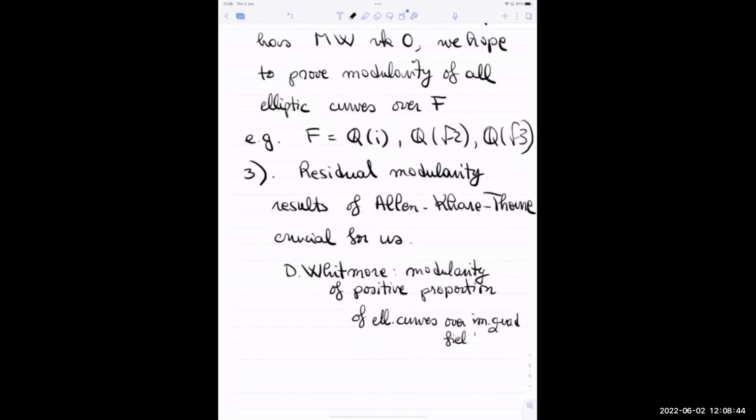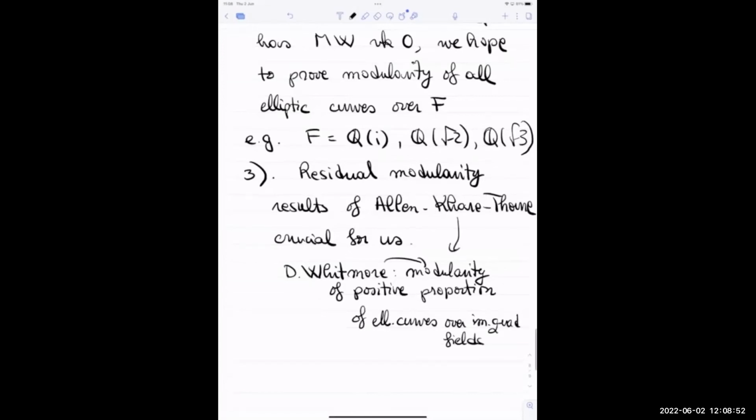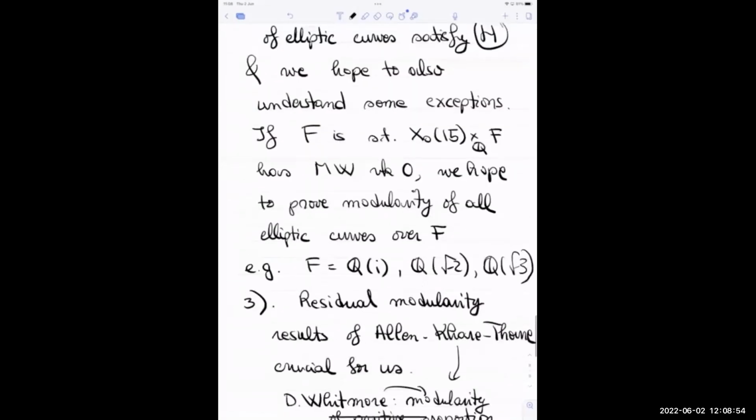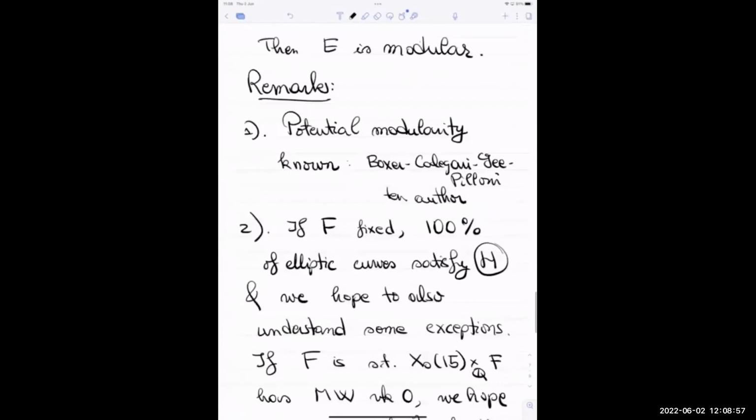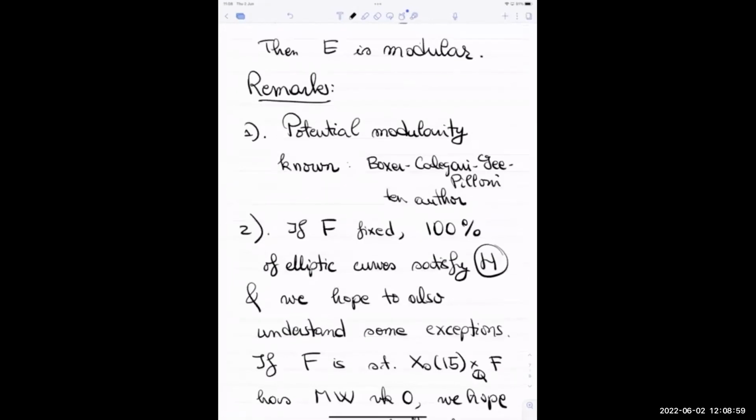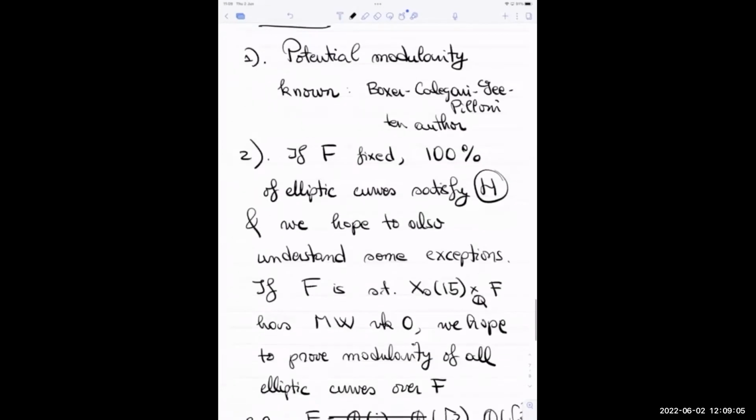So both he did it and also Allen, Khare and Thorne. The difference is that Whitmore is refining the methods introduced by Boxer, Calegari, Gee and Pilloni. And for that reason, their results even apply to elliptic curves over arbitrary quadratic extensions of totally real fields. So they even go beyond the CM assumption.